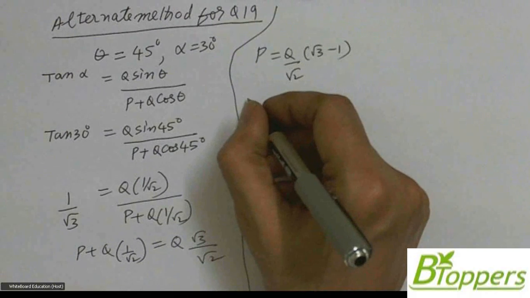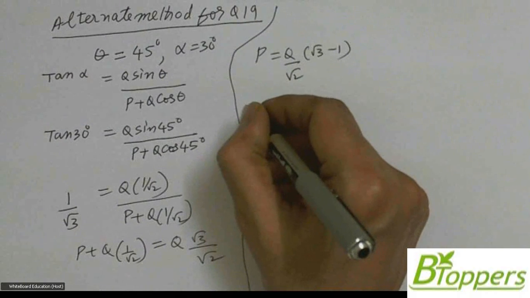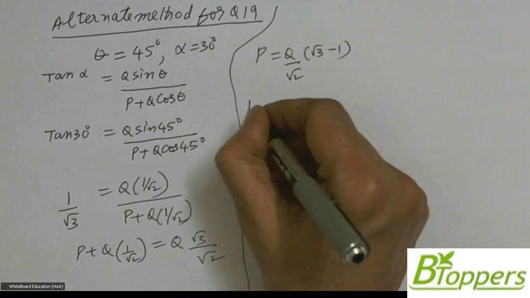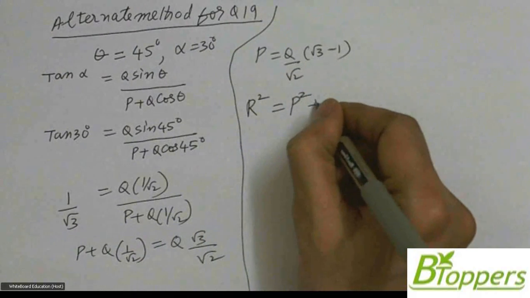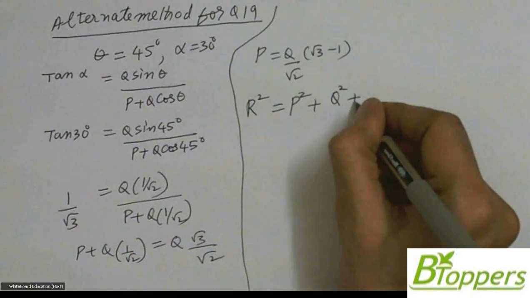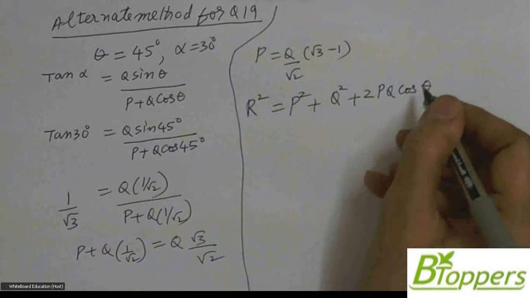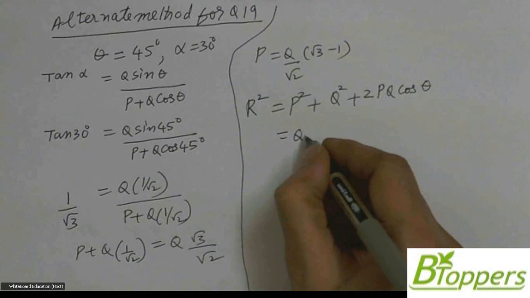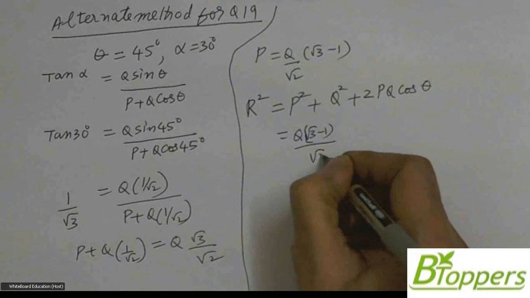Now we can use the formula for the magnitude of the resultant of the two vectors. As we have discussed in the past, R equal to root of P square plus Q square plus 2PQ cos theta. Or otherwise you can write R square equal to P square plus Q square plus 2PQ cos theta. Here you can substitute P equal to Q into (root 3 minus 1) divided by root 2.